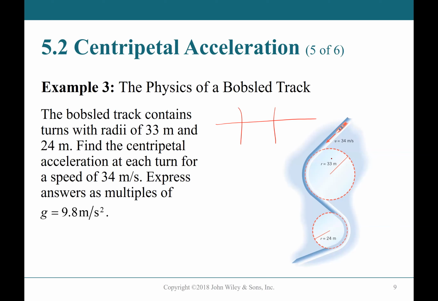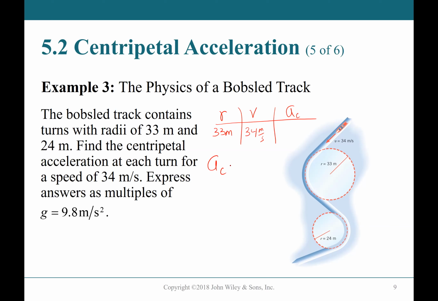So in the first picture here, my radius is 33 meters. Find the centripetal acceleration at each turn for a speed of, so my speed is 34 meters per second. And we're trying to find acceleration.